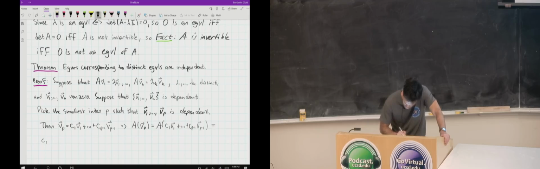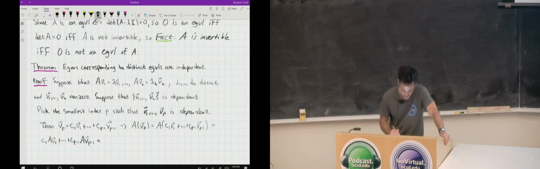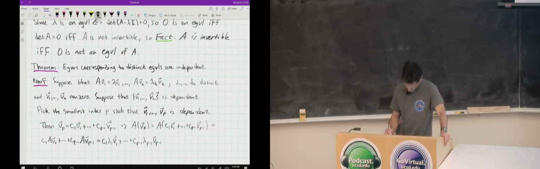That's the same as c1 A v1 plus cp minus 1 A on vp minus 1, which, because those are all eigenvectors, is c1 lambda 1 v1 plus cp minus 1 lambda p minus 1 vp minus 1.